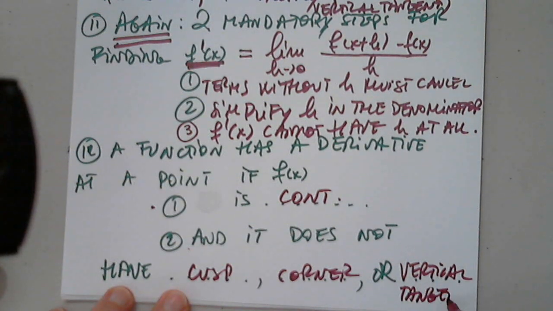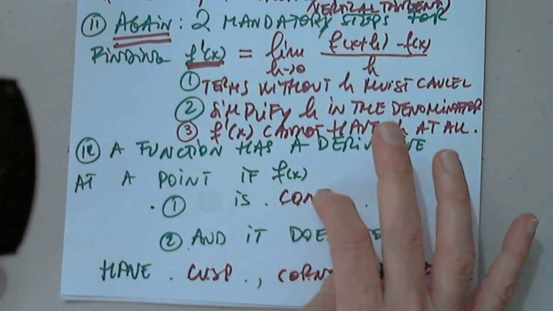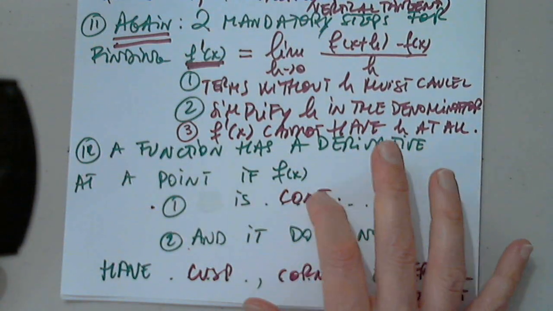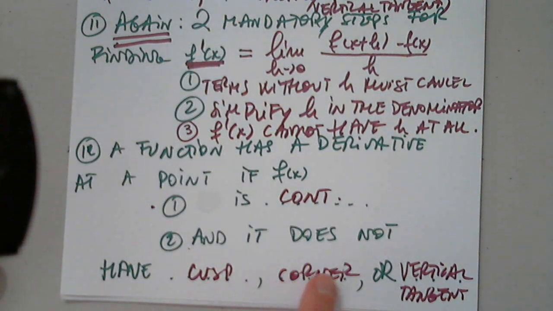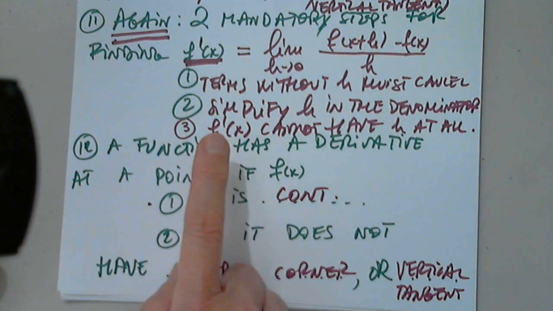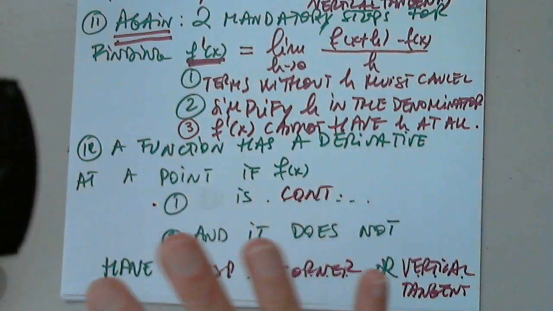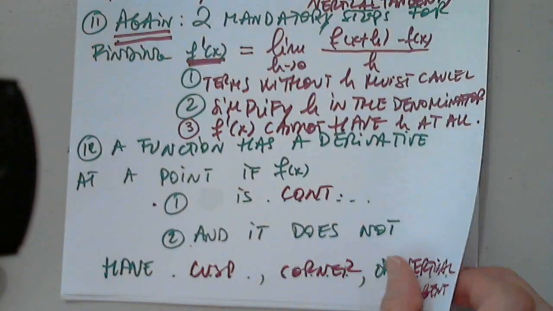Please remember, the derivative does not exist if the function is not continuous at the point. And even if it's continuous, if it has a cusp, corner, or vertical tangent, f prime is not defined. So it has to be continuous, in addition to continuity, no cusp, no corner, no vertical tangent.